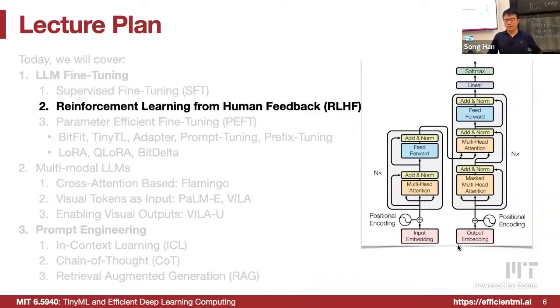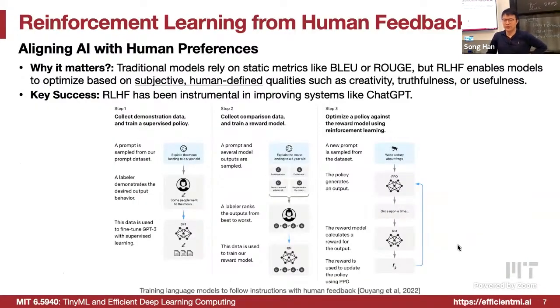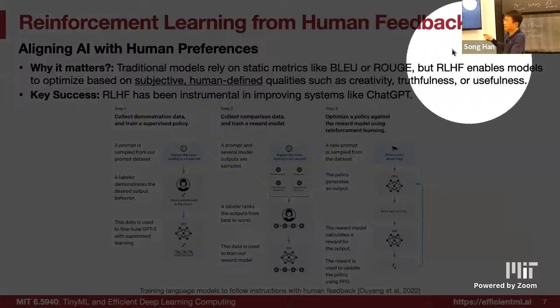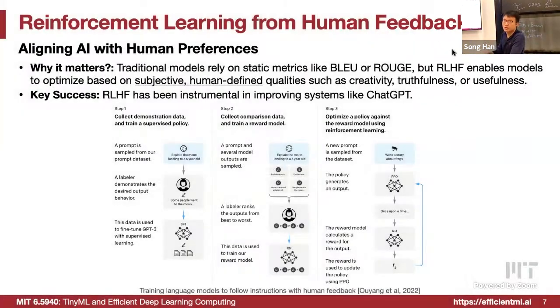Another important technique is RLHF, reinforcement learning from human feedback. So again, we want to align AI with human preferences. So we want to use human feedback to make sure the model performs better. Traditional model metrics such as BLEU score are not enough. Just like we mentioned with the customer service, although the answer is correct, it's not friendly.